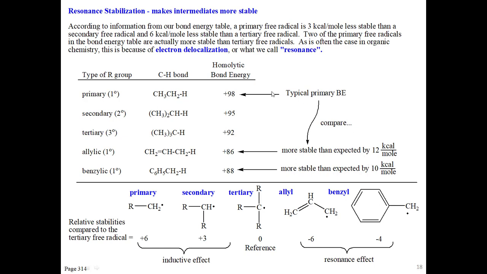Because this is primary, but this is primary with adjacent pi bonds, and same here for the benzyl. And so these are much more stable than we expect. We have the inductive effect, tertiary better than secondary, better than primary. And we have the resonance effect, where the adjacent pi bond makes it better than the primary over here.